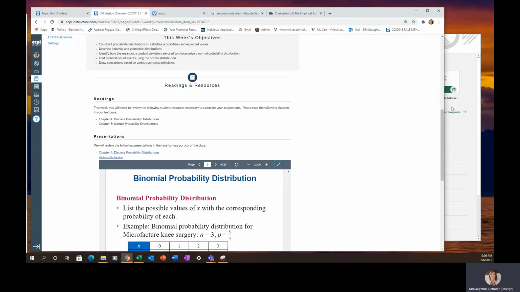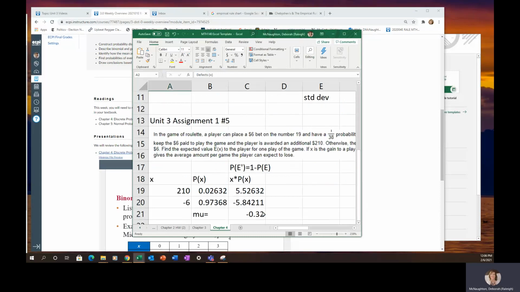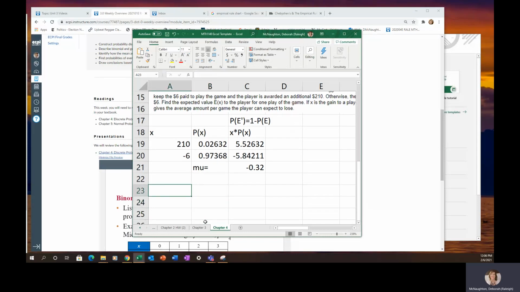All right, so let me open up my Excel spreadsheet. All right, so I have in here chapter 4. I'm just going to scroll down. And we're going to add in next our binomial distribution.